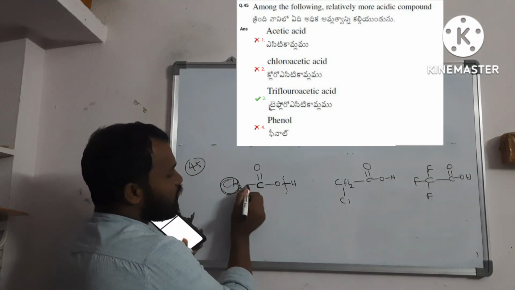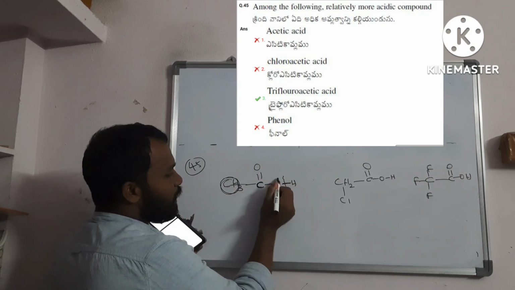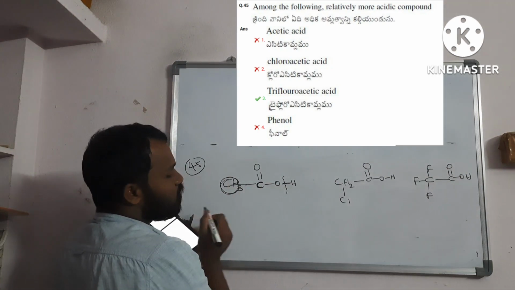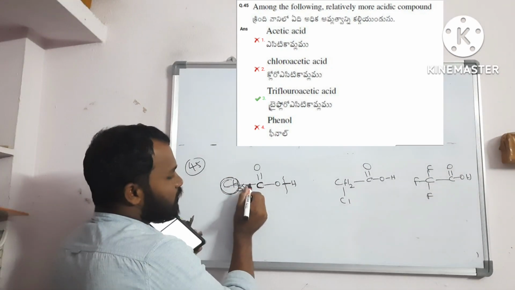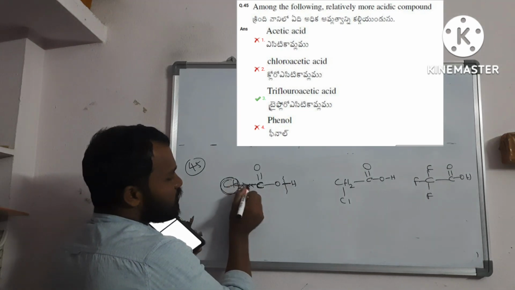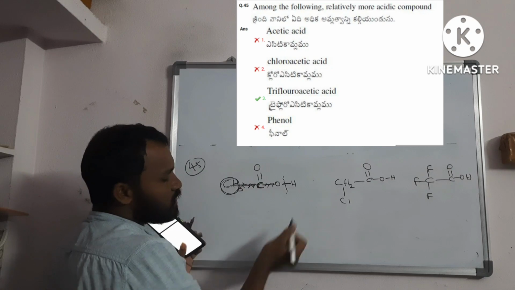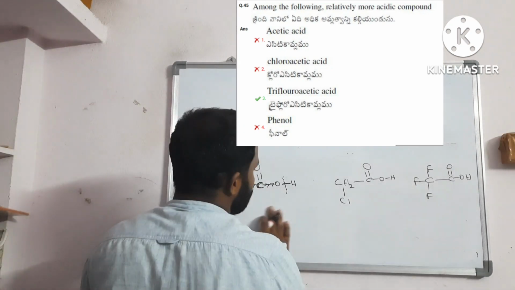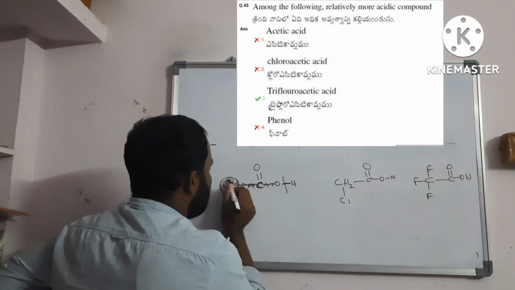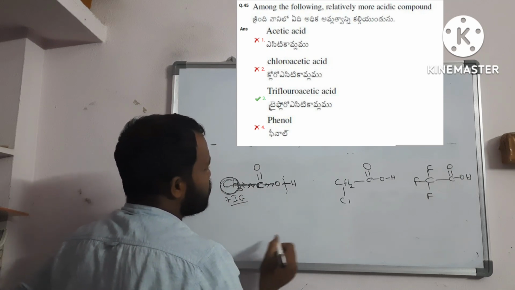When it releases H plus ions, you get the minus ion, but that minus ion is not stabilized by O. With CH3 donating electrons, you get O minus, which is not stable. So whenever plus I groups are there, it is not that acidic.